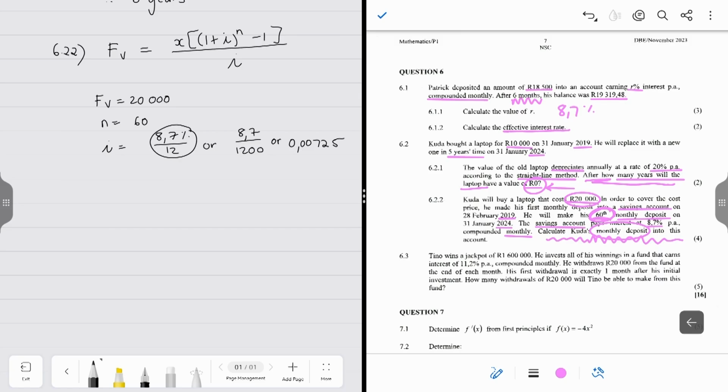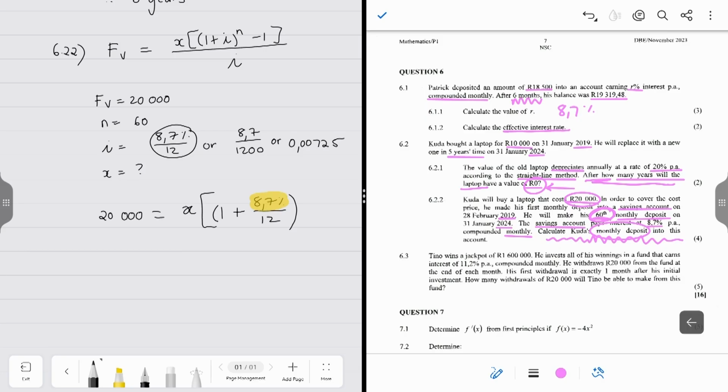And what are we looking for? We are looking for the X value. We don't know his installment. So let's sub everything into our formula. So we have 20,000, our FV, is equal to X, we don't know what X is, 1 plus, we do know our interest, so 8.7% over 12, right? Remember when we have it this way, we're using our percent button on our calculator.